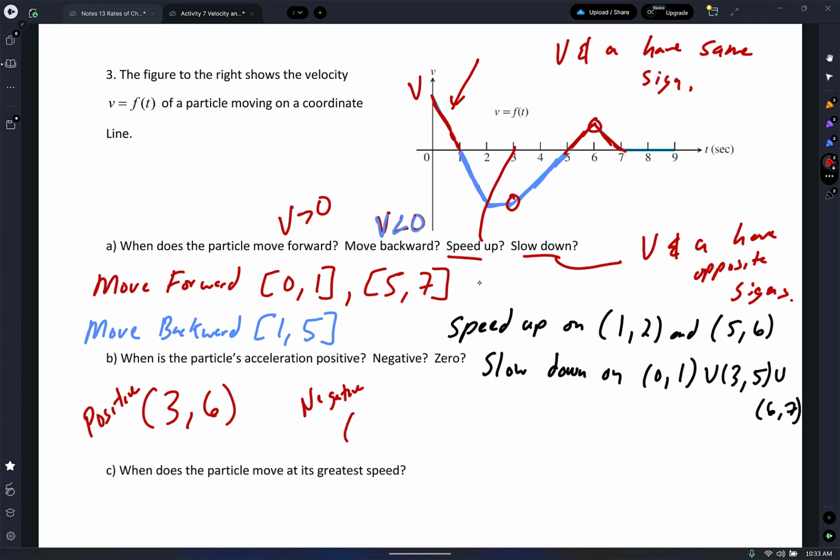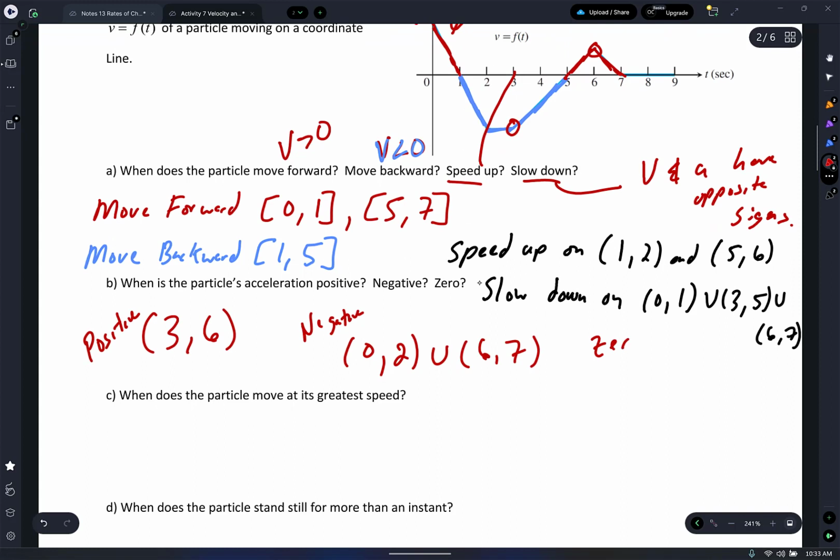When is it negative? Between 0 and 2, and there's one more, 6 and 7. And where is it 0? 2 to 3. Those are all interval notations.